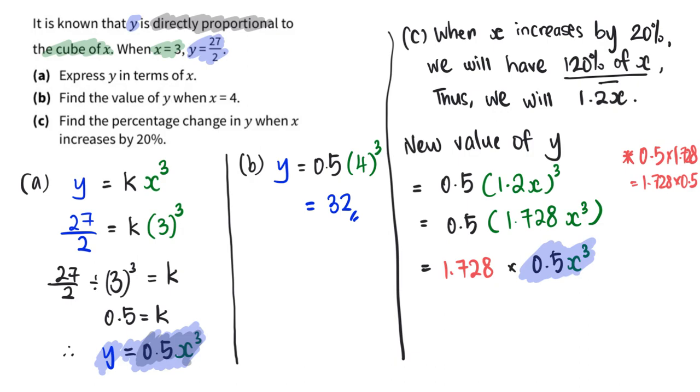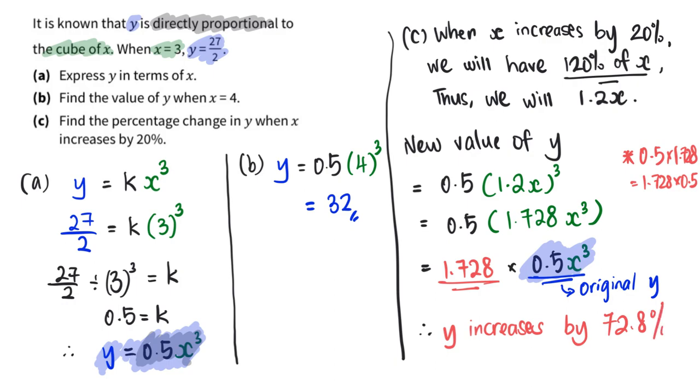So you can then see that, hey, the new value of y is 1.728 times of the original y. So final answer, the y increases by 72.8%.